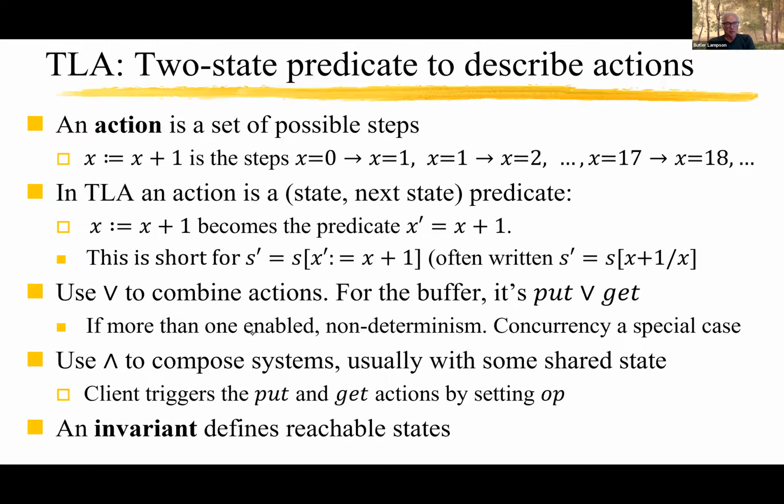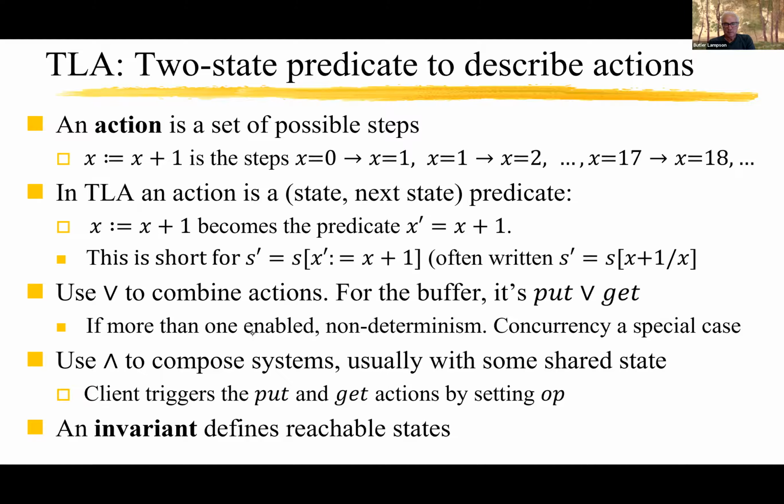So that's the way you put actions together to tell all the different things that the system can do. And to compose systems, you use the AND operator, usually with some shared state. So in the example of the buffer, for example, the client is going to trigger the put and get actions by setting op.